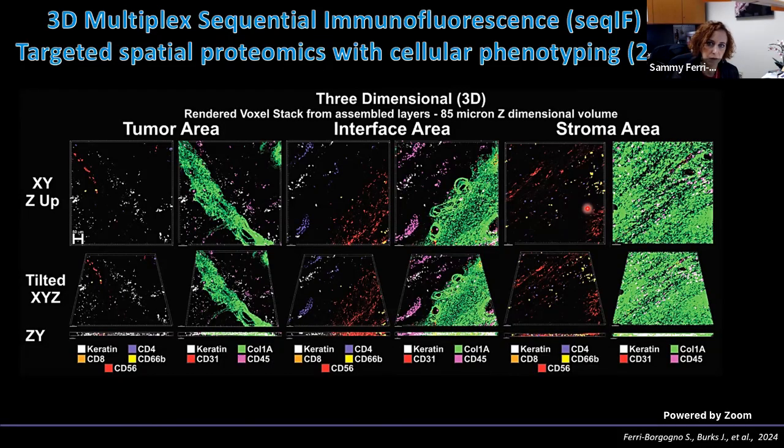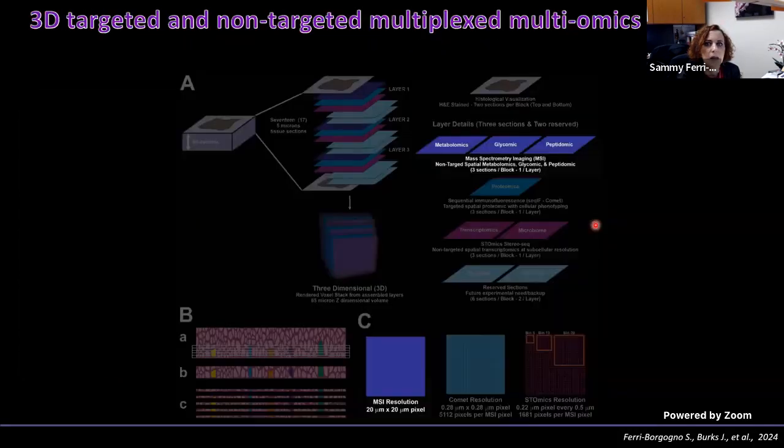So basically, this is the first thing that we noticed, that there are a lot of neighborhoods that were not visible in 2D that we would have totally missed. But when we do the 3D alignment and stacking, we can discover new neighborhoods and investigate further their biological meaning.